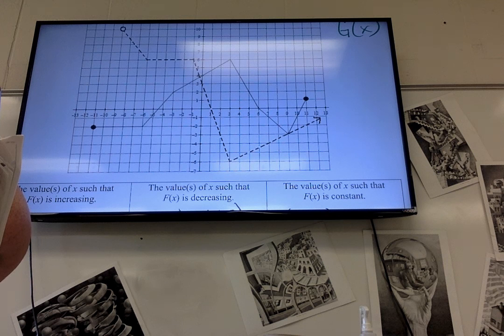Can anybody give me one interval where they're either both above or both below? Negative 4.5 to 1. Okay. If you said negative 5, that's okay. I did the same thing earlier. It looks like it's right here in between, so we're estimating it. But negative 4.5 to 1. Somebody grab that, please.